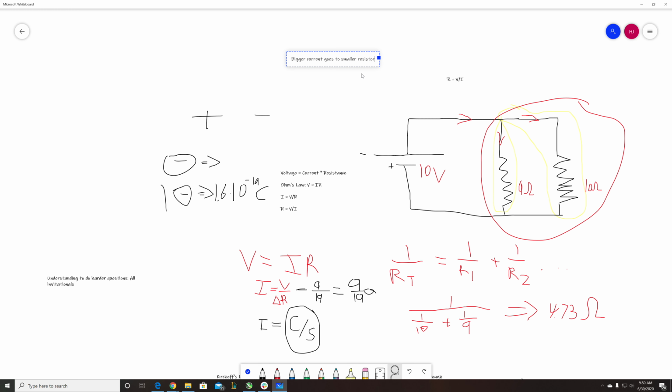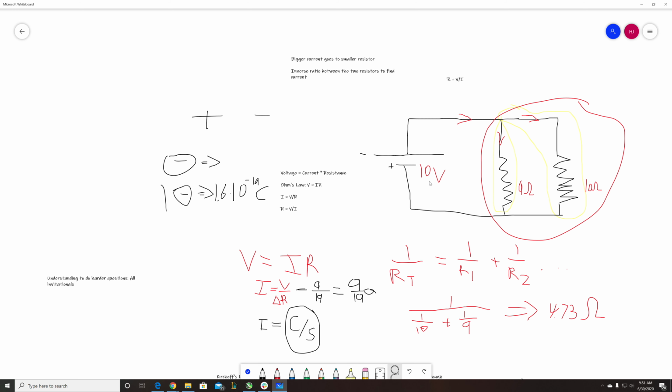So it's actually an inverse. The key part is that it's an inverse ratio between the 2 resistors to find the current. So you have to ratio this.